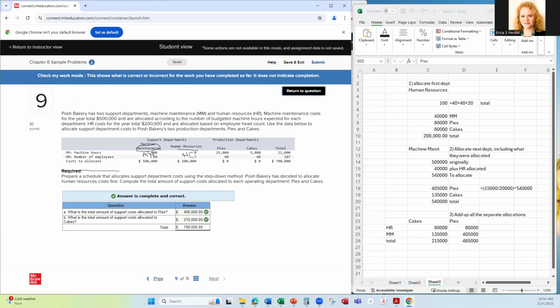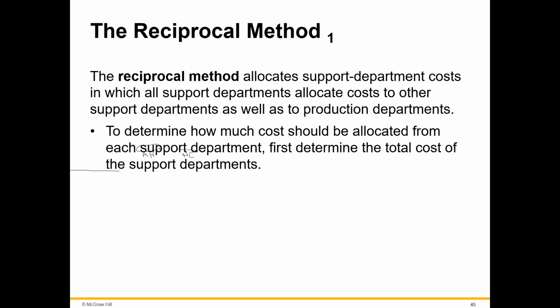So now we're going to talk about one last method that's out there that we have called the reciprocal method. So under the reciprocal method, basically each of the support departments assigns part of their cost out upfront, taking their original costs and assigning it, and ignoring any later distributions.